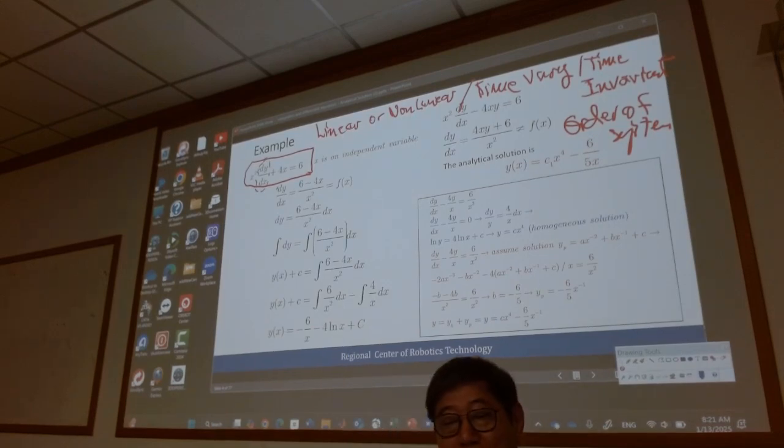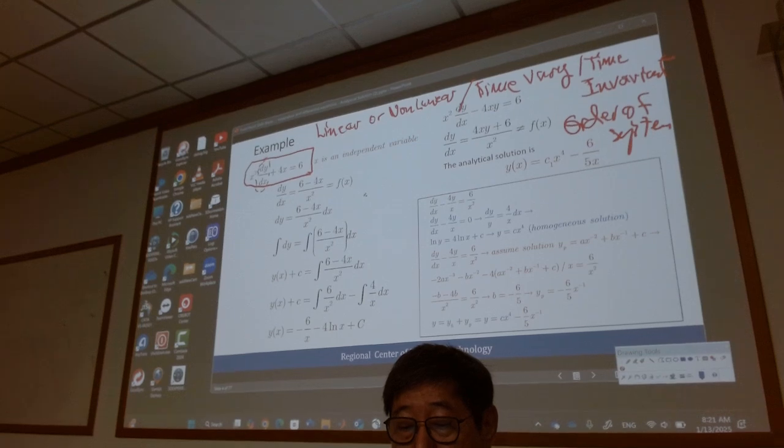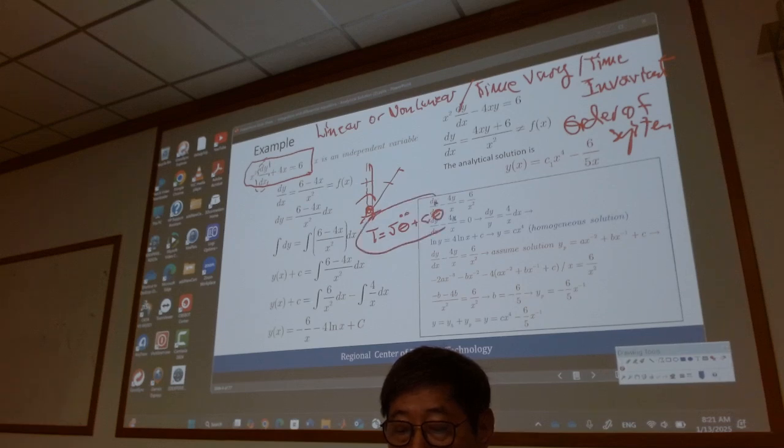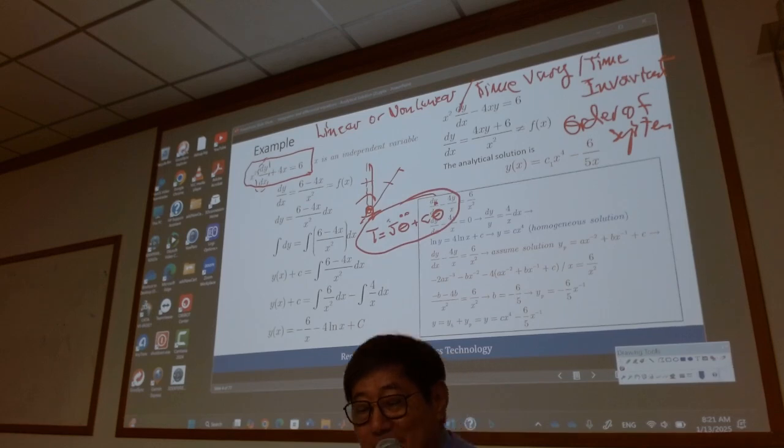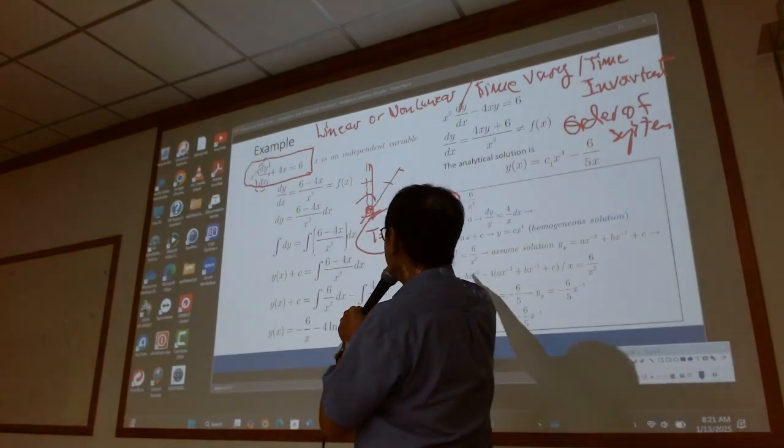Compare to last time, you have this one, the single joint, you remember this one? It equals J theta double dot plus C theta dot. Compare to this one.